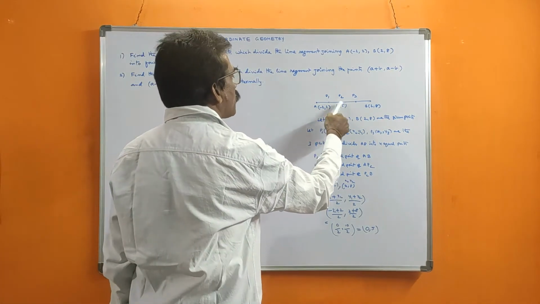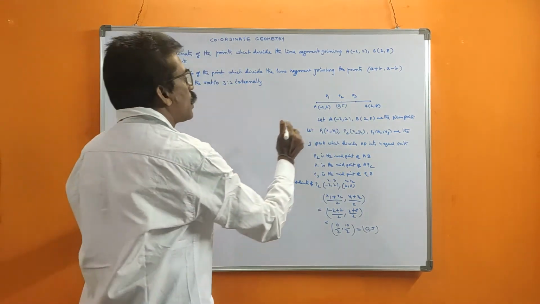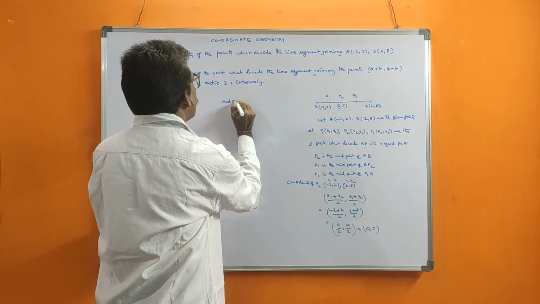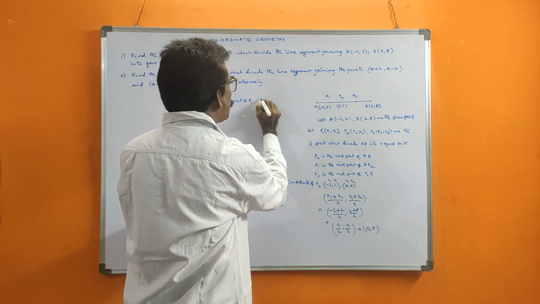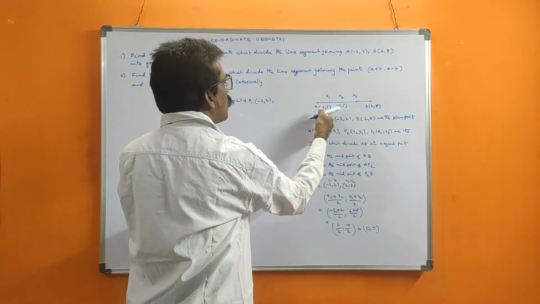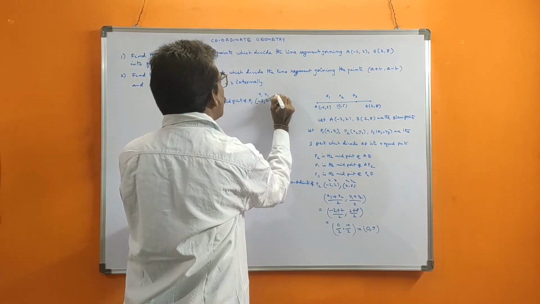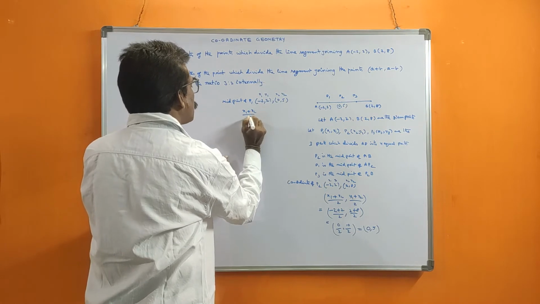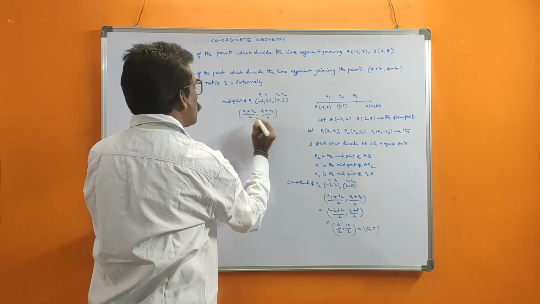Then the midpoint of the others we can calculate. Now the midpoint for P1: the points are (-2, 2) and (0, 5). Take these as x1, y1, x2, y2. The midpoint formula is (x1 plus x2) by 2, (y1 plus y2) by 2.